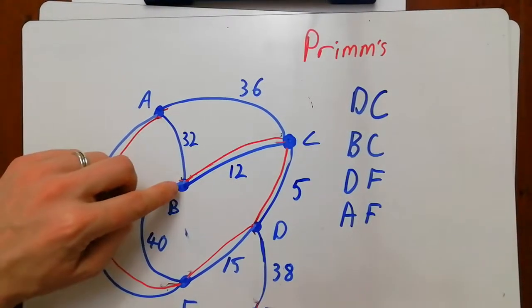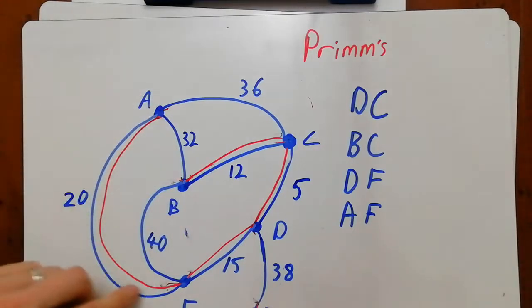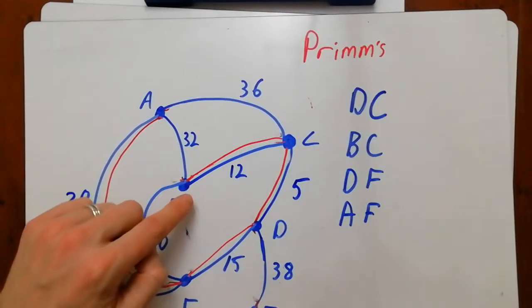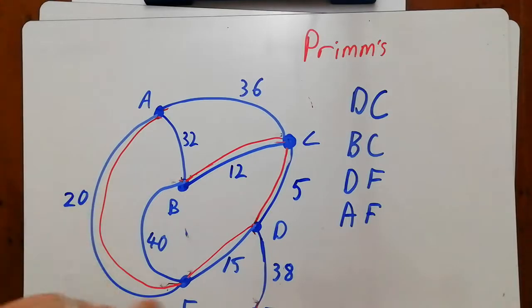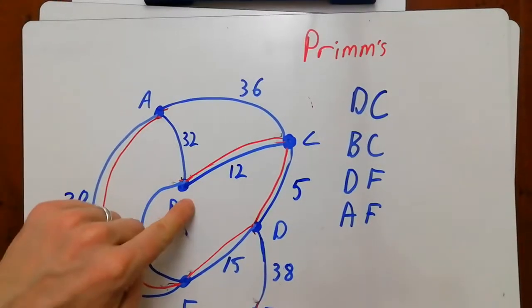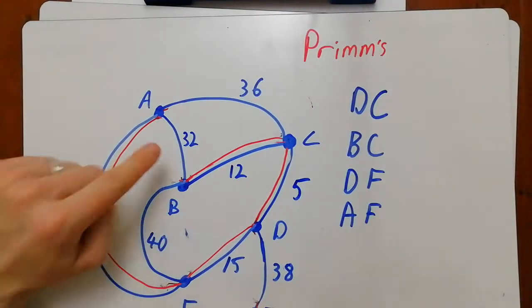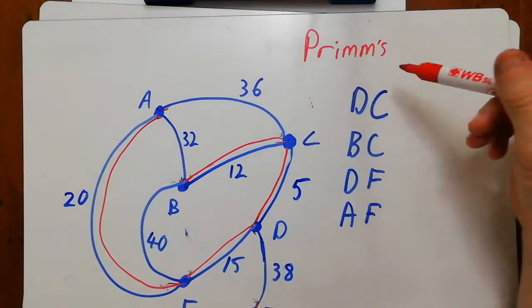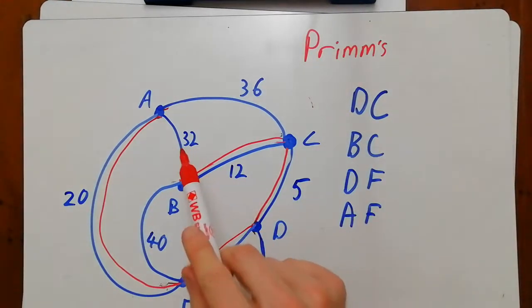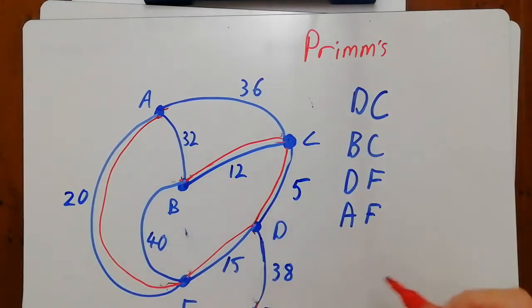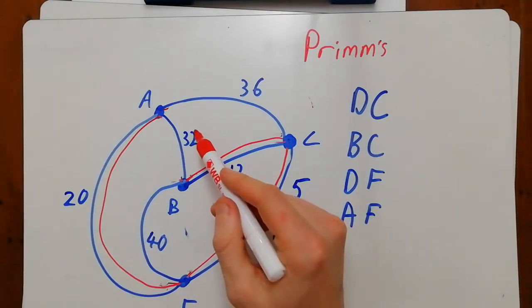There would be a way of starting at B, travelling around my network that I'm building, and I could arrive back at B. So that means that Prim's algorithm stops you adding that arc. I can only add the shortest arc if it doesn't create a cycle. Remember, we're looking for a minimum spanning tree. A tree cannot contain a cycle. Okay, so I don't add that one.